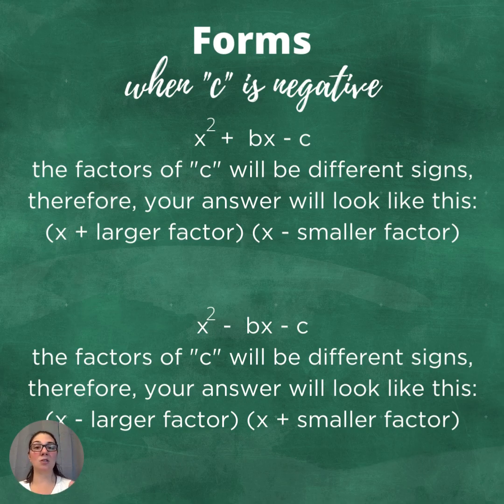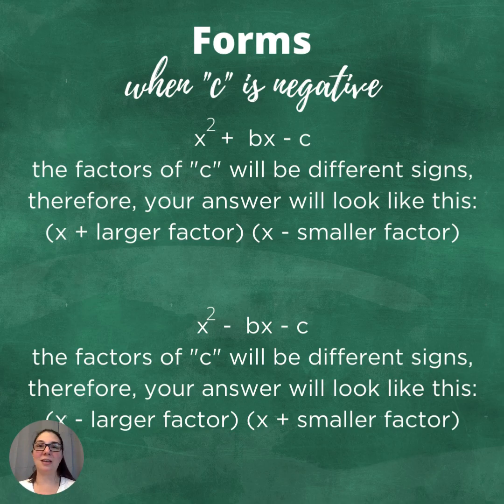If you look at x squared plus bx minus c, the larger factor is going to be the positive factor and the smaller factor is going to be the negative. That's because when we subtract 2 values, the answer takes the sign of the larger number. And that's really why both of these work the way that they do.